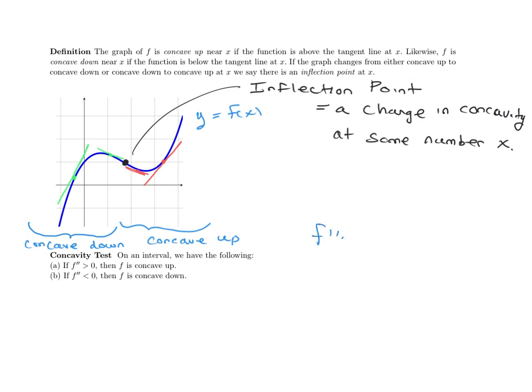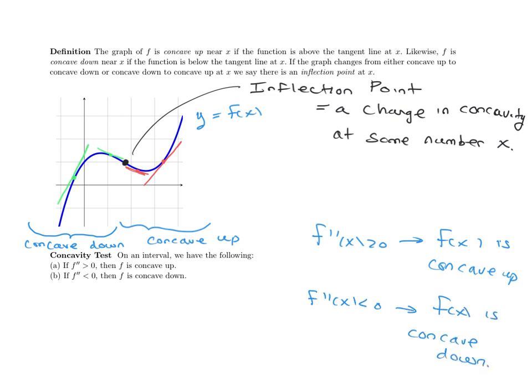So if the second derivative is positive, then your function f is concave up. And likewise, over here, the second derivative is negative, and therefore your function f of x is concave down.